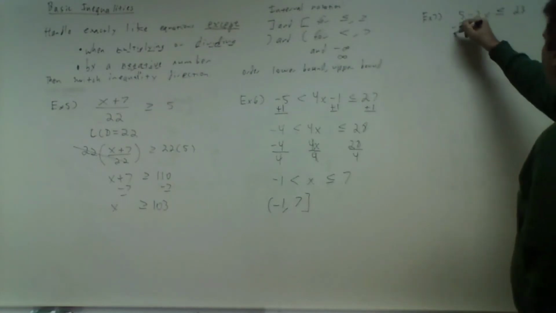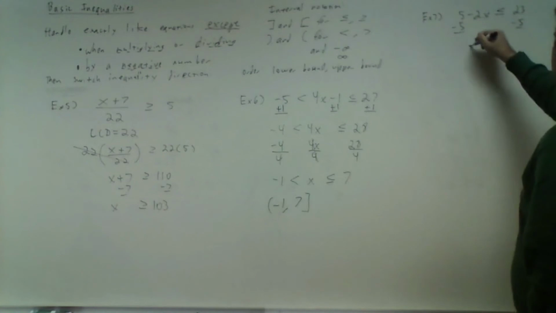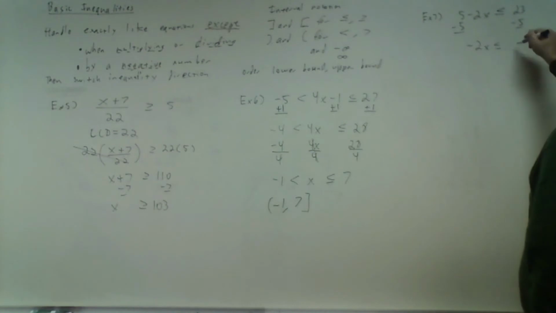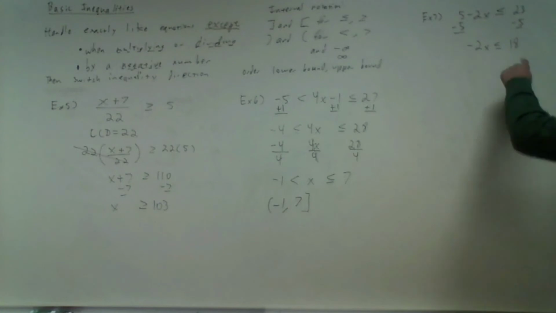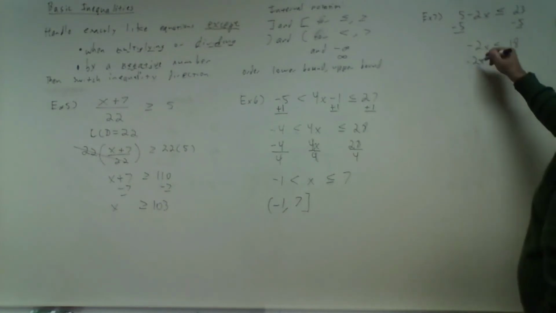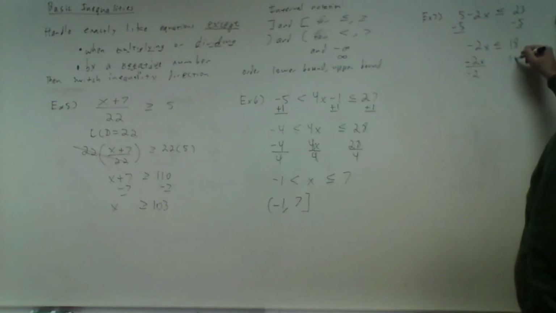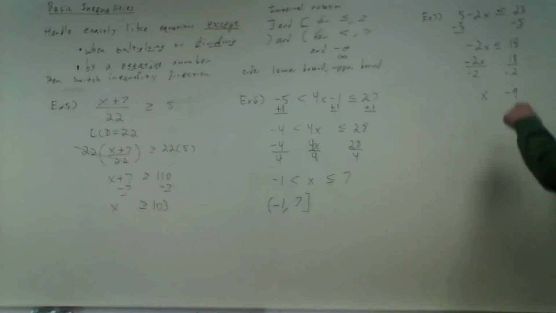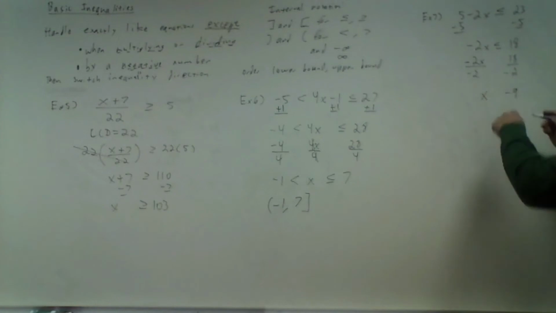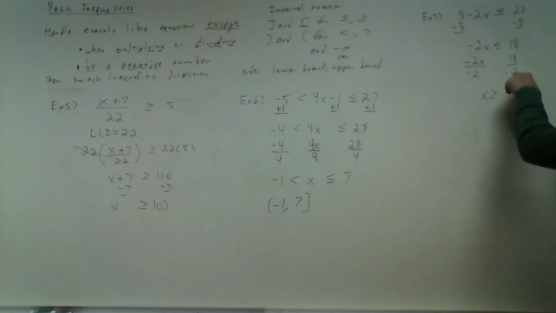So I would subtract the 5. Negative 2x is less than or equal to 18. We're going to divide off the negative 2, and we have x, negative 9. It was divided by a negative, so the inequality sign flips because we divided by a negative.